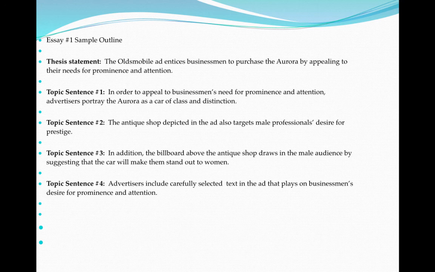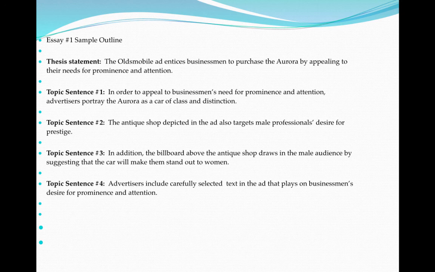You see, I kind of used my thesaurus a little bit, so I'm not saying businessmen and prominence over and over. In addition, the billboard above the antique shop draws in the male audience by suggesting that the car will make them stand out to women. And number 4, advertisers include carefully selected text in the ad that plays on businessmen's desire for prominence and attention.